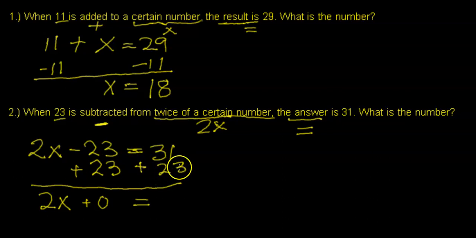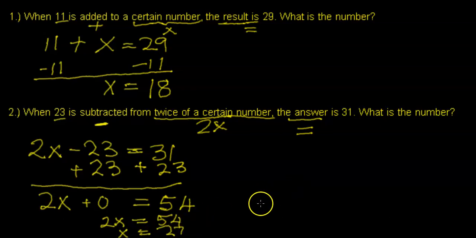This plus here is associated with the 23. So 31 plus 23 is going to be 54. So our equation becomes 2x is equal to 54. And out of this, x is equal to 27.